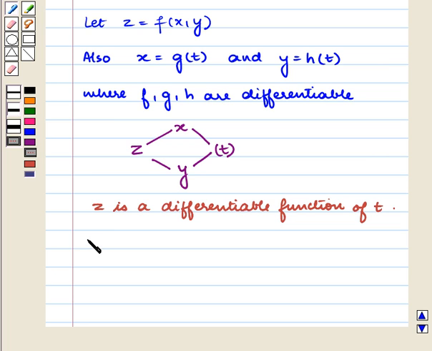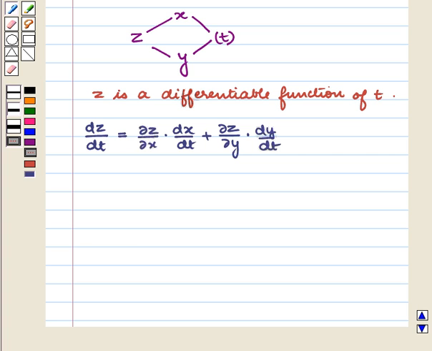That means the derivative of z with respect to t, that is dz by dt, will be equal to del z by del x into dx by dt plus del z by del y into dy by dt. See that x and y are functions in only one independent variable t. That is why we have used total differential instead of partial differential.